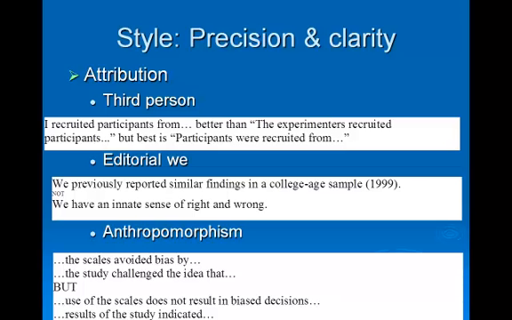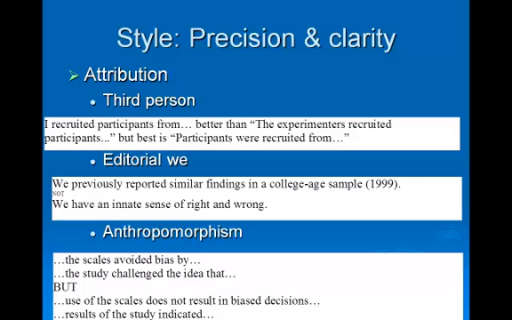Another thing that pops up a lot is the study challenged the idea that blah blah. A study can't challenge things. It can't go out and play football, get you a glass of water. It's not a person. And I say that, but the typical exception to this anthropomorphism rule is that results and findings can indicate or show.